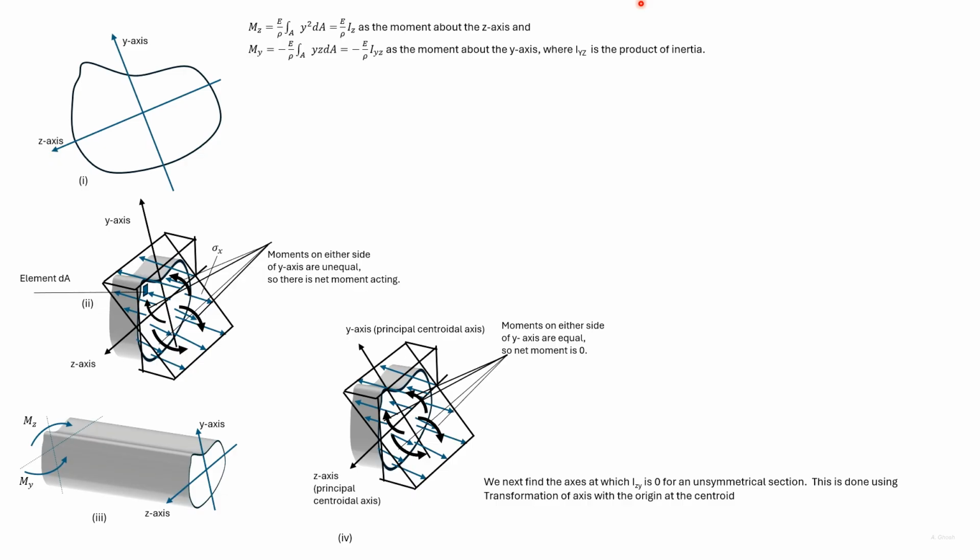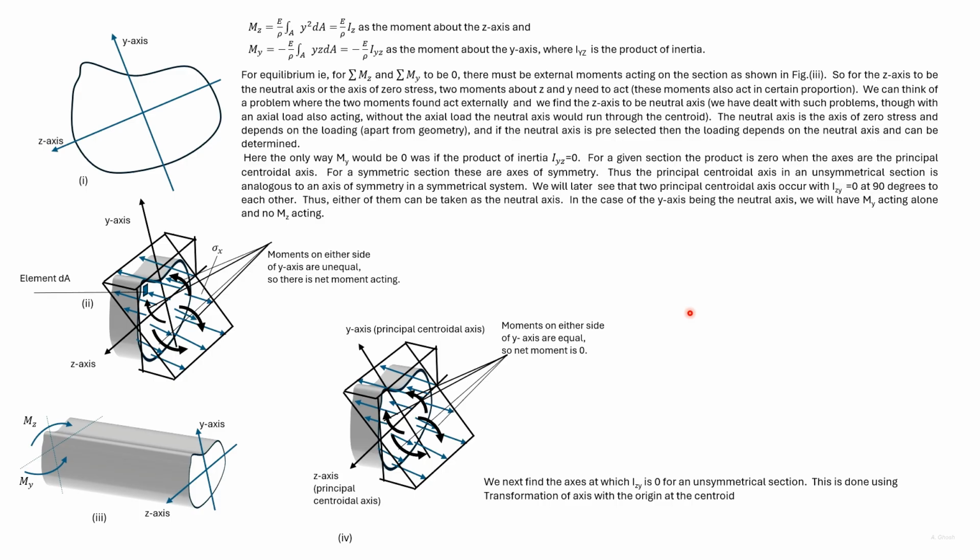These principal centroidal axes are found to be 90 degrees to each other. So, among the two principal centroidal axes, if we considered one axis as y and the other as z, and we applied Mz, then we would be able to use the flexure formula, which was derived for one moment. The axis of symmetry in a symmetrical section is analogous to the principal centroidal axis in an unsymmetrical section.